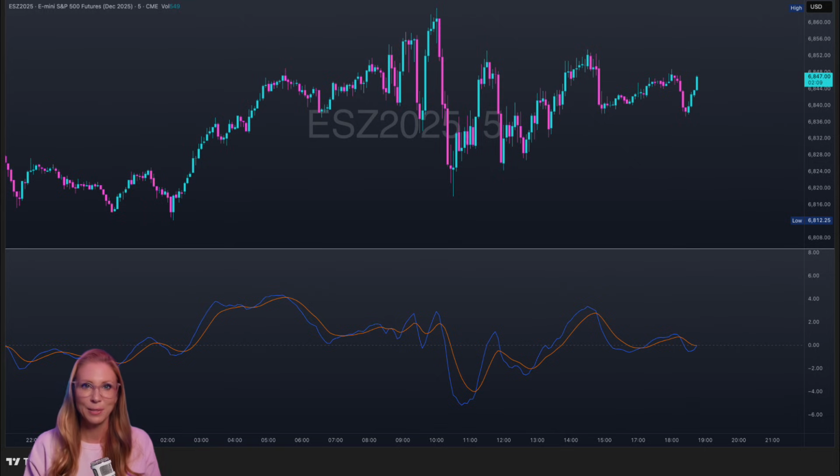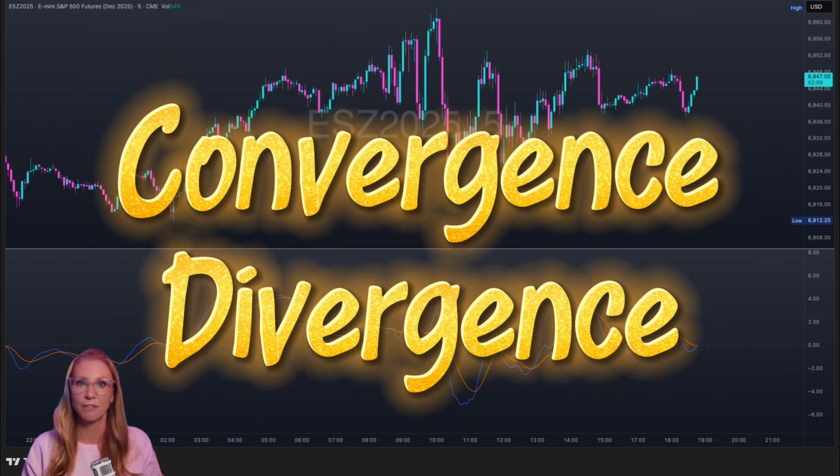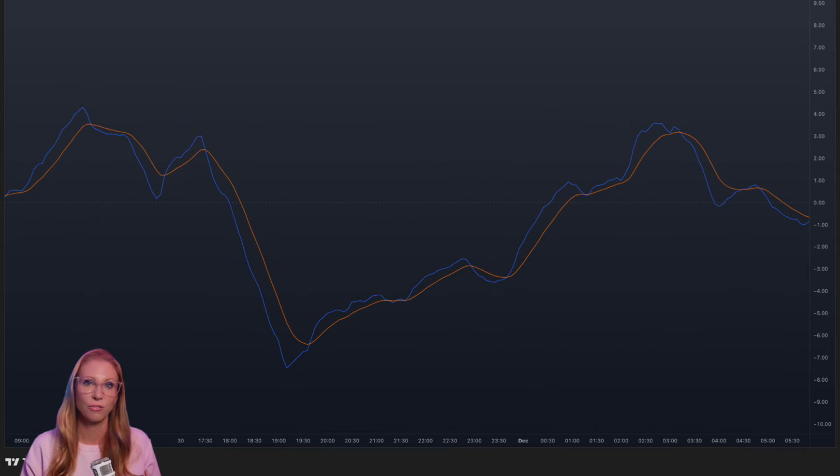So more on that in a little bit, but first, it's the Moving Average Convergence Divergence indicator. Convergence when these lines come together, and divergence when they come apart. And that's where the histogram comes in.